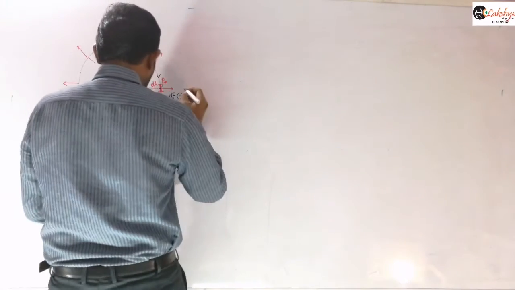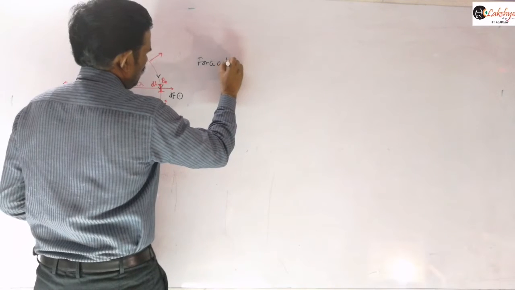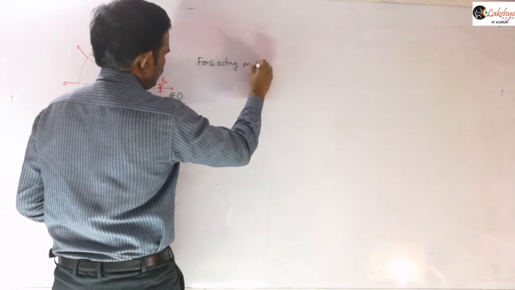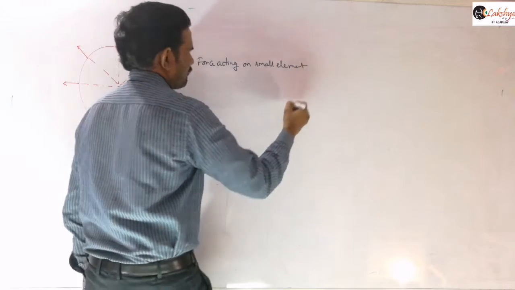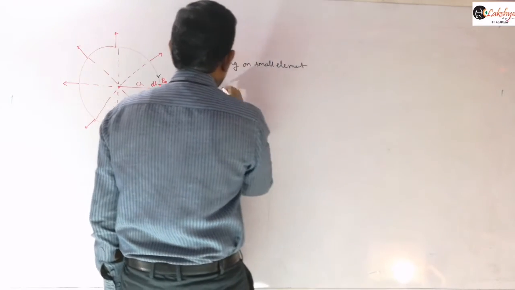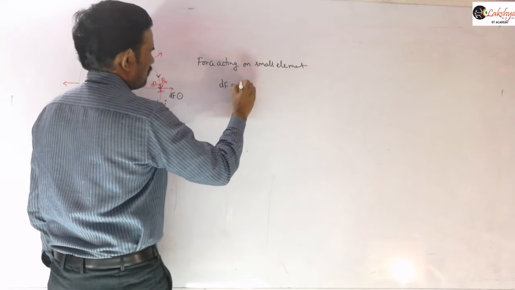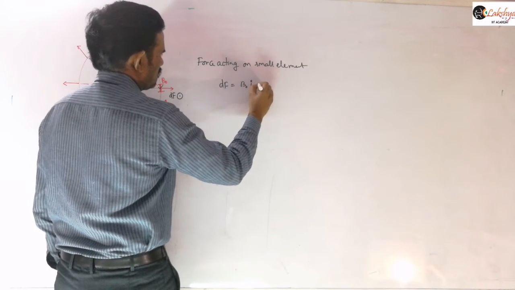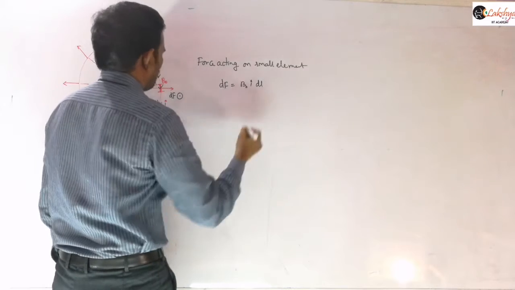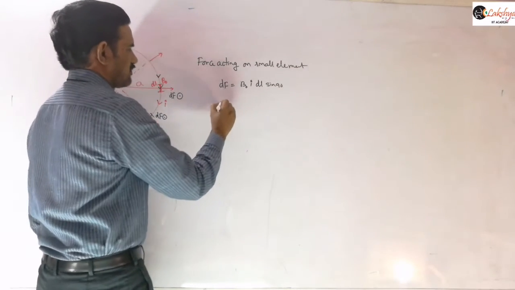And so that means force acting on small element dF is equal to, so what we can write is B naught into I into dl. And that sine 90 you will get here, that B I L sine theta if you write.